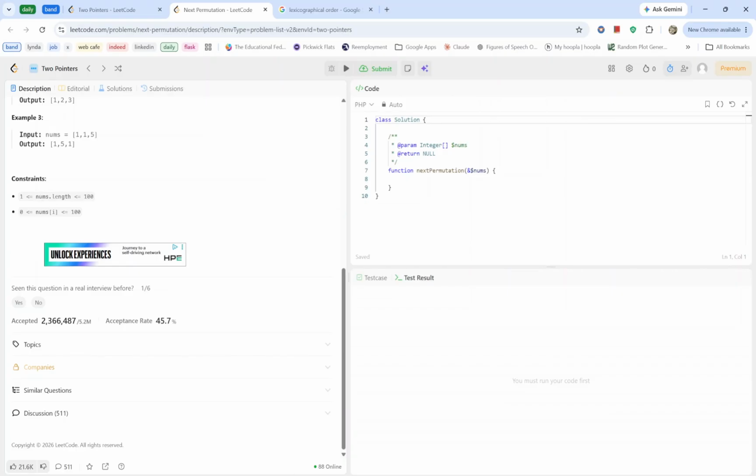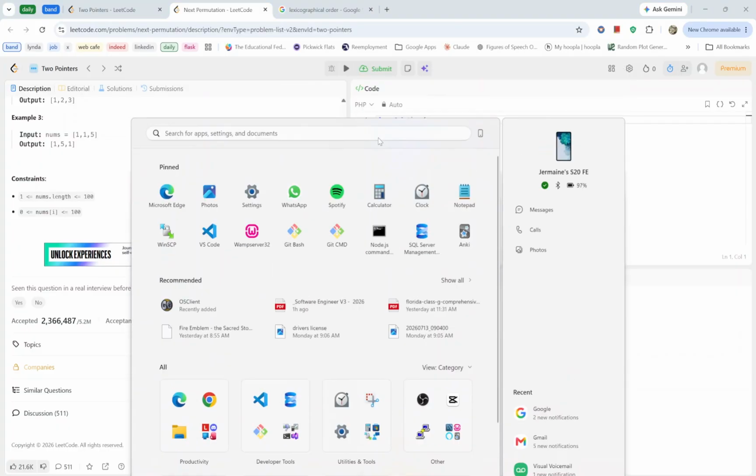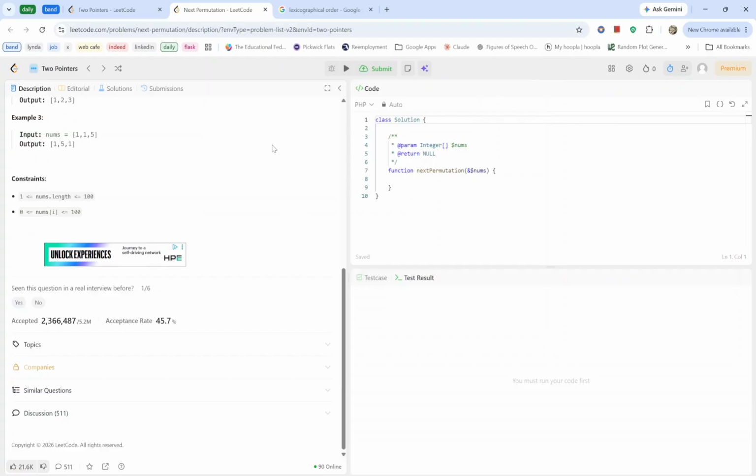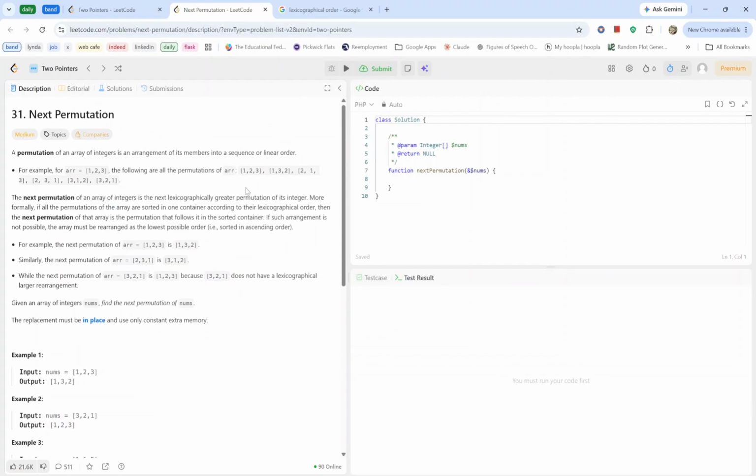Is it like 1,000? It's 10,000. Okay. So there might be a situation where I get 100 different numbers and there's 10,000 possibilities of what could be the next array.